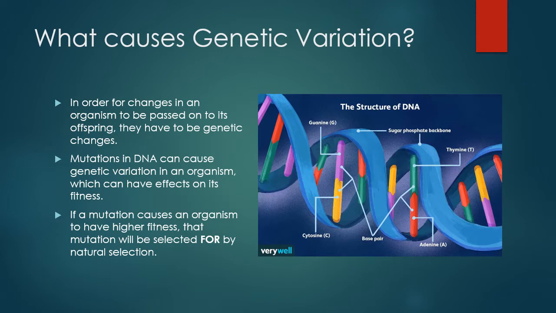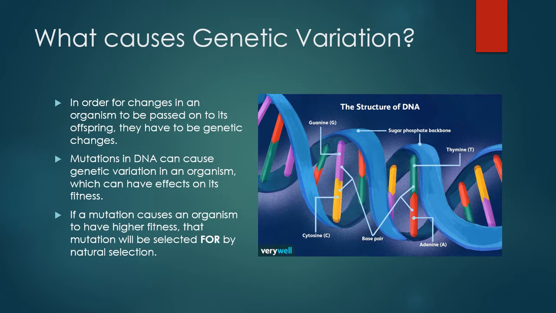So let's talk about genetic variation real quick, because we can see with those birds that all those beaks are different sizes, and that's all due to genetics. Those beak sizes are passed down to the offspring, and in order for those changes to happen, we need to talk about mutations in DNA. So one base pair flipping to another base pair, or an entire section of DNA getting chunked out.